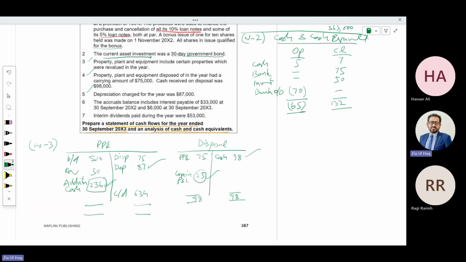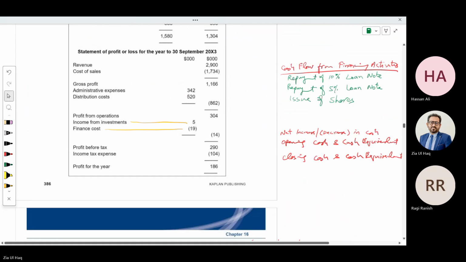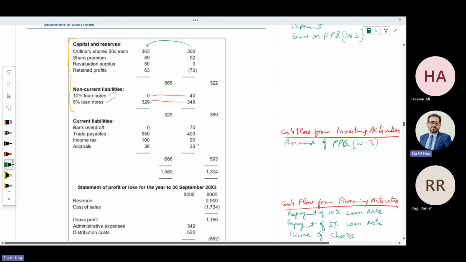So number 6, the accrual balance. Is there any accrual? Yes, 33 opening and 36 closing.